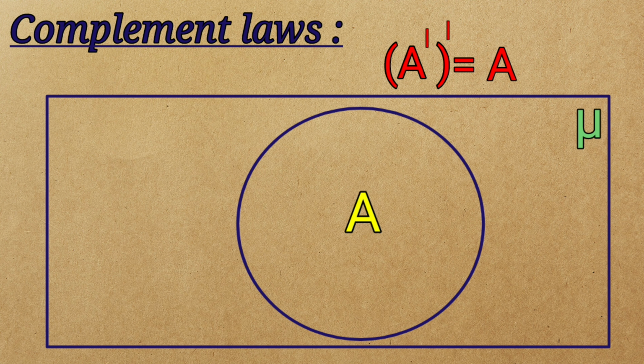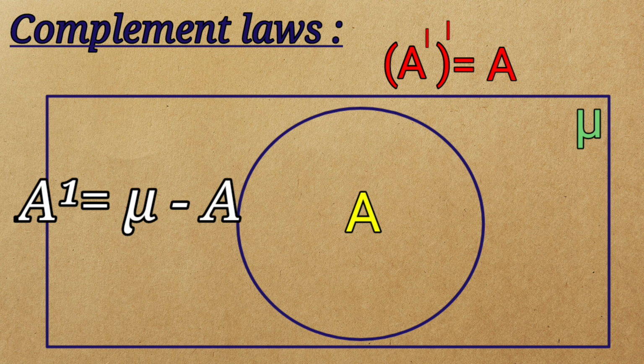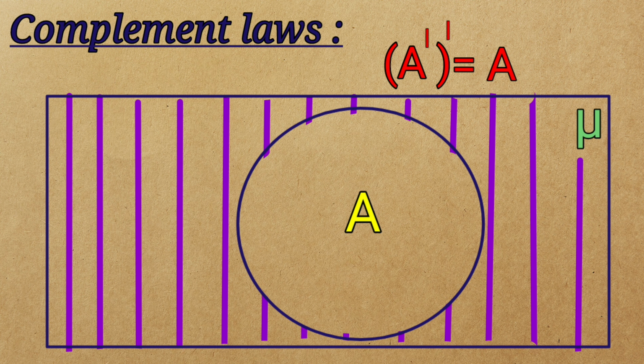We already know that A complement is equal to mu minus A, which means we have to identify the region which belongs to mu but not to A. So this is the region which belongs to mu but not to A, that is A complement. Now for this A complement, again you have to find the complement, that is A complement whole complement, which is mu minus A complement.